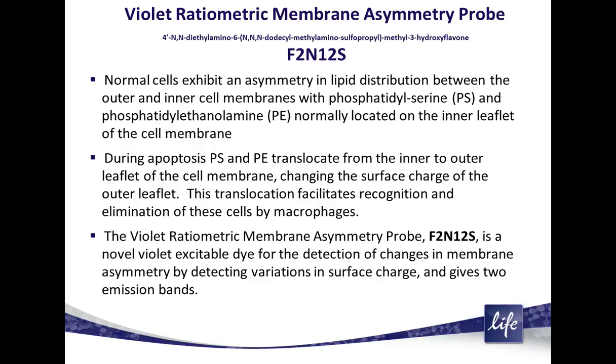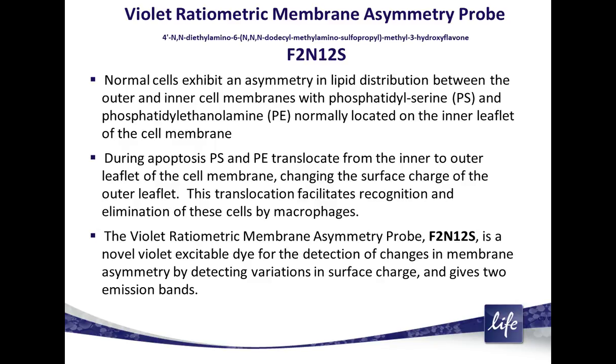We have a newer dye, the Violet Ratiometric Membrane Asymmetry Probe. The dye itself is called F2N12S, and you can see the full chemical name there. As stated, normal cells exhibit an asymmetry in the lipid distribution, and phosphatidylserine and phosphatidylethanolamine, which are normally located on the inner leaflet, will translocate during apoptosis.